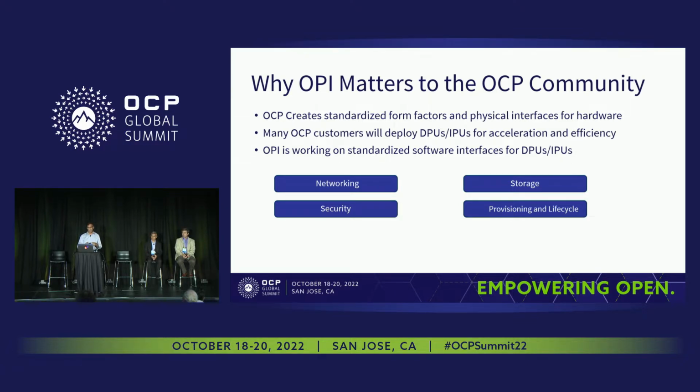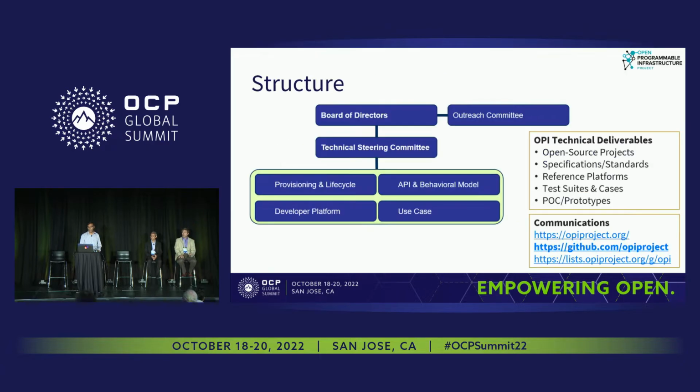In terms of what kind of infrastructure acceleration is being moved into IPUs and DPUs, there are networking, storage, security, and virtualization. These are the primary four areas that cover the whole of infrastructure.